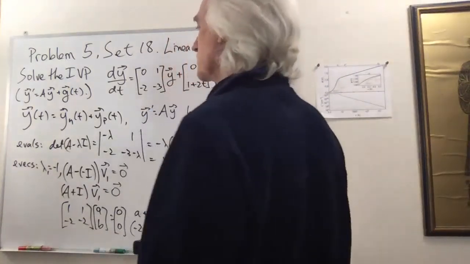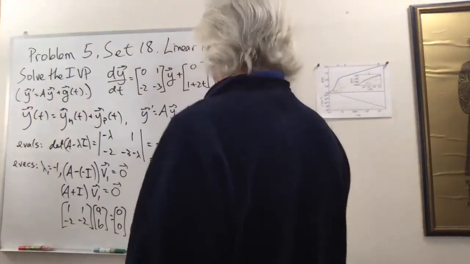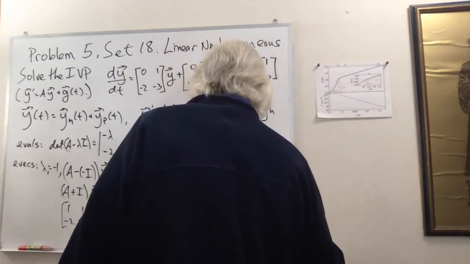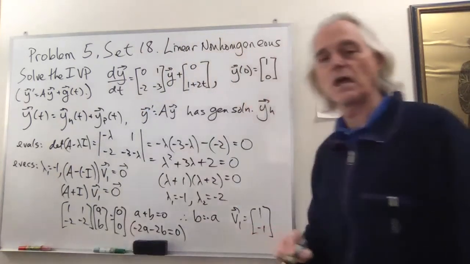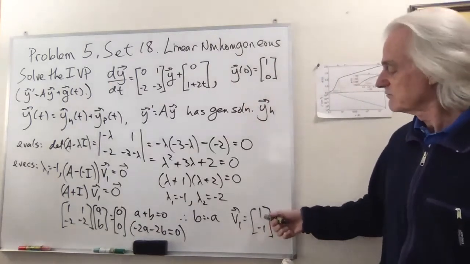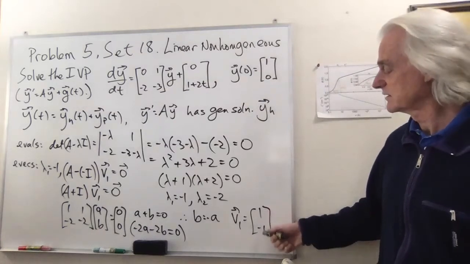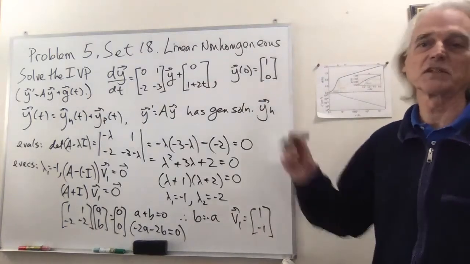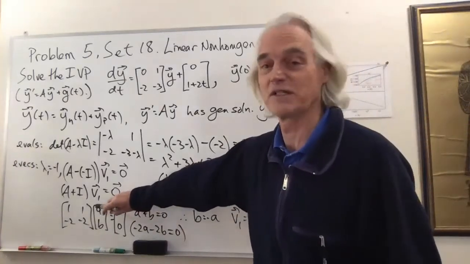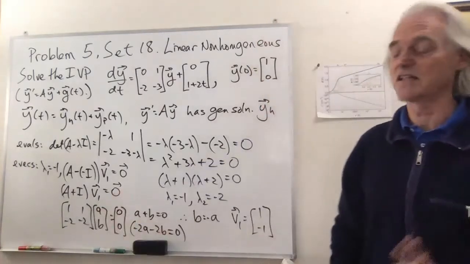So I'm going to choose V1 being 1, negative 1. Or if you want, you can be ornery and say V1 is square root of 14, negative square root of 14. You can do whatever you want, except for 0, 0, which does solve this, but v equals a 0 vector is not allowed.